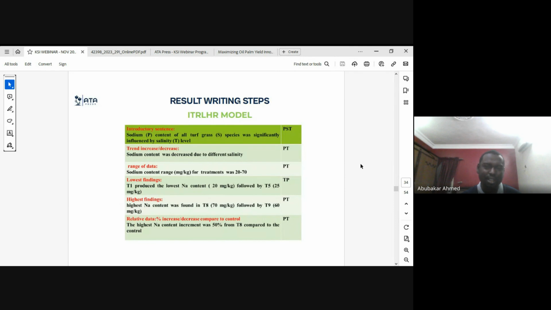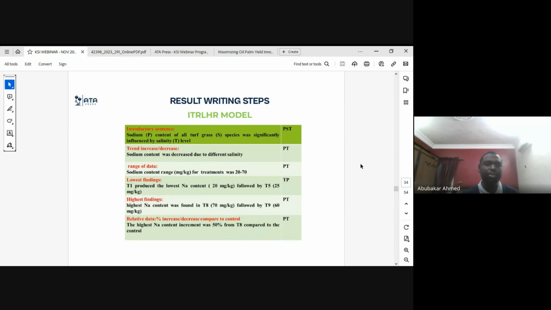Then the lowest finding, that is how to present your lowest finding. Treatment one, T1, produced the lowest sodium content, followed by T5, which produced 25 milligram per kg of sodium content. So you see, depending on what you have obtained during your analysis, this introductory sentence is constant for any result writing, depending on your finding.